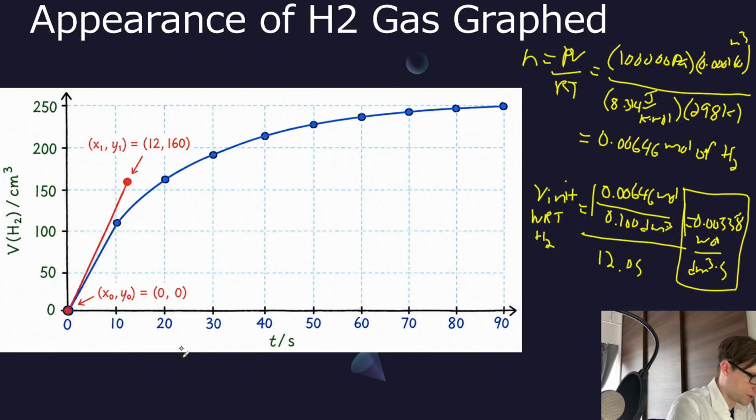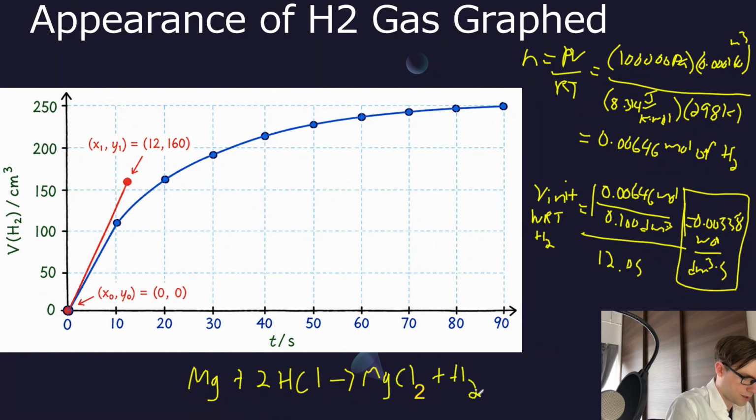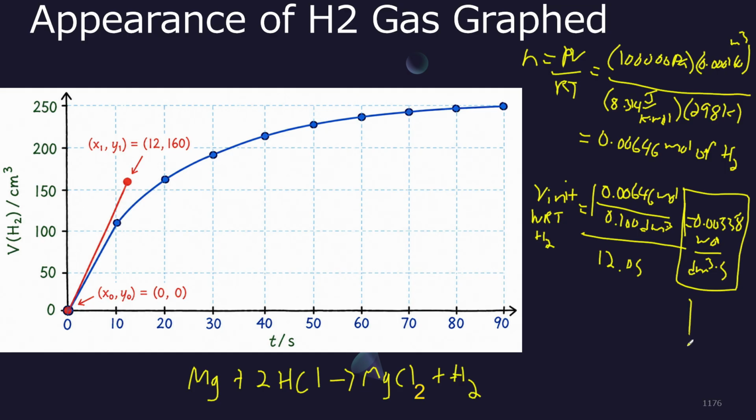But again, we had our balanced chemical equation, Mg plus 2HCl goes to MgCl2 and H2. So our stoichiometric coefficient for H2 is 1, and that means same as overall rate.